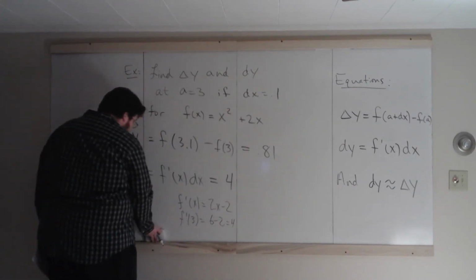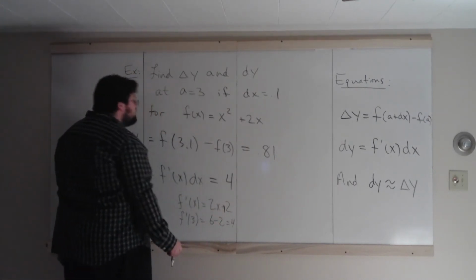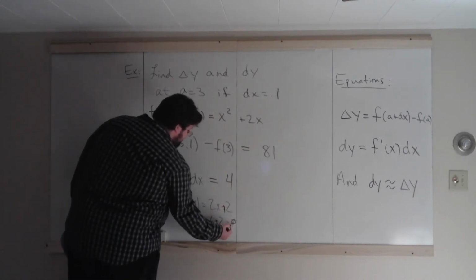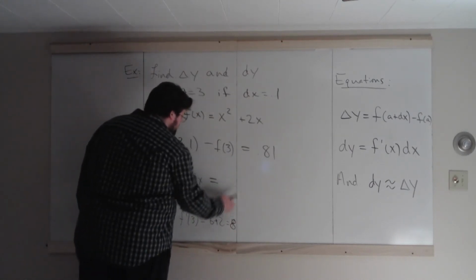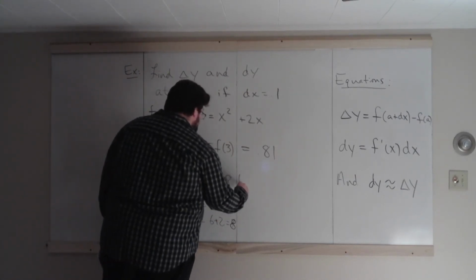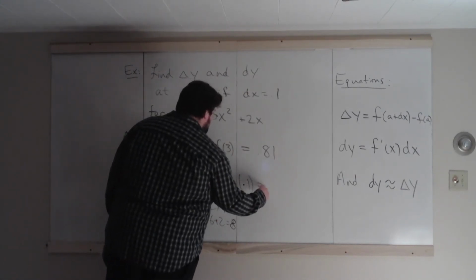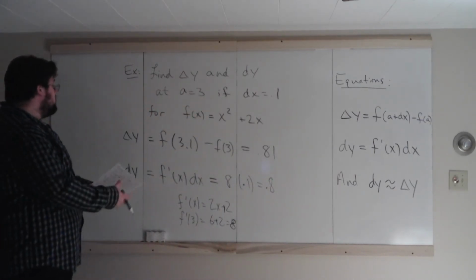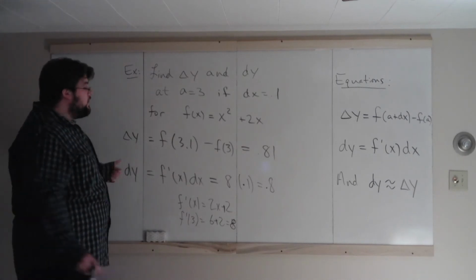That should be a positive 2. I was going to say that answer's not close. That's better. So dy equals 8 times dx. dx is 0.1, so here we get 0.8. So you can see with this example, dy and delta y are quite close.